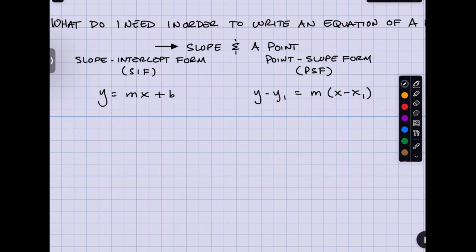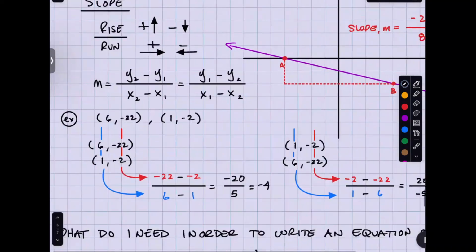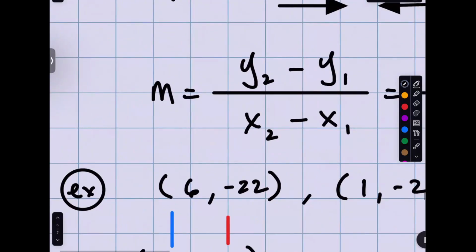Now, you might think, oh my goodness, another formula to remember. Oh my goodness, no way. Well, here's the good news. If you look at this formula right here, guys, that formula actually came from here, right? If I put this over 1, I can cross multiply.